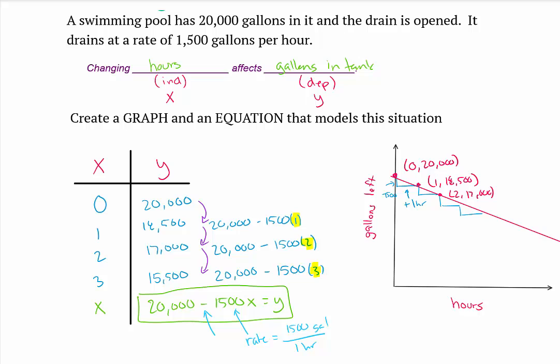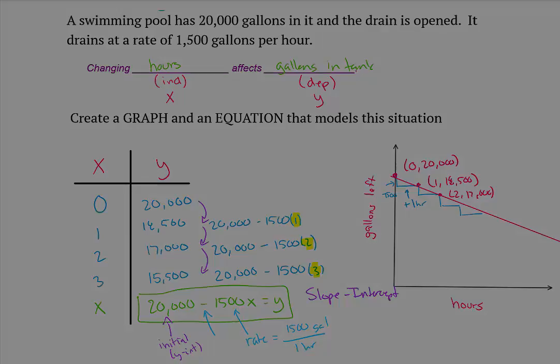And the 20,000 over there on the side, that is simply our initial, which essentially is the y-intercept. And so this is a form of an equation called slope-intercept. And it tells you exactly what the name implies. It tells you the rate of change, and it tells you the initial value. But we get it often by creating a series of calculations and noticing what's changing each time.